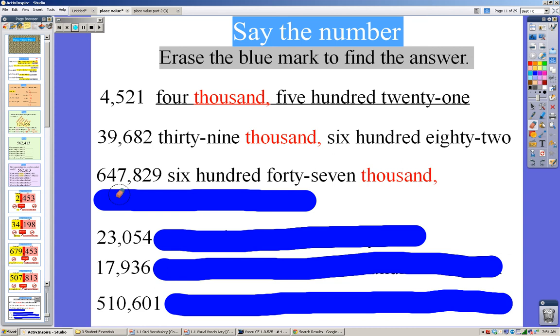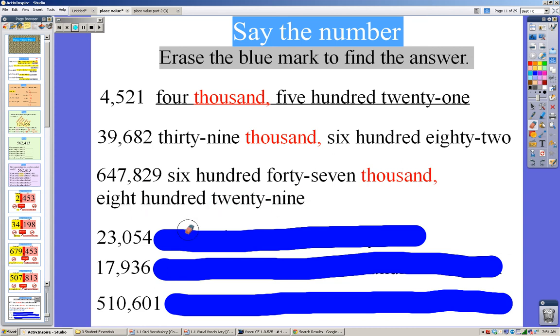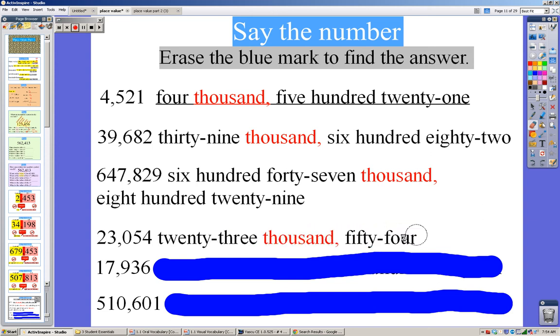647,829. Okay, say this number. Let's see if you got this one correct. 23,054. Getting the hang of this? Let's see if you get this one correct.